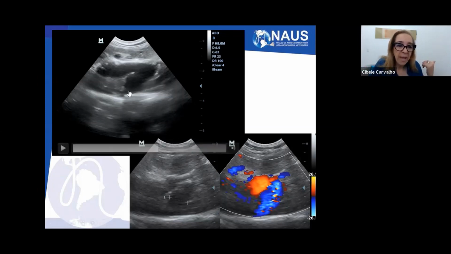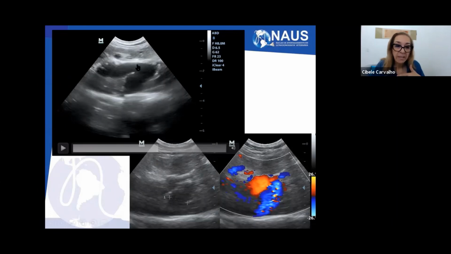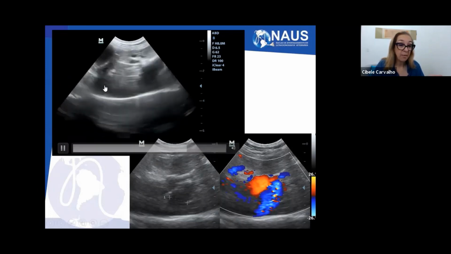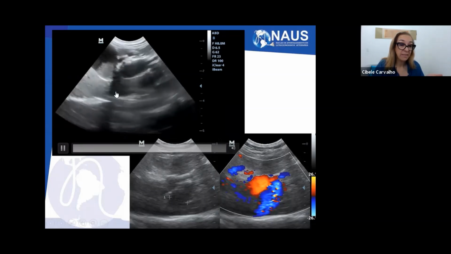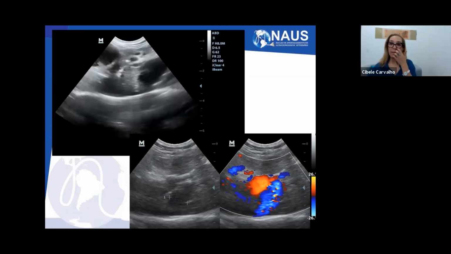The portal vein originates the left branch, but instead of ramifying and irrigating the left lobes, it turns in this direction that we can see here, and goes down here to the caudal vena cava here. Okay?